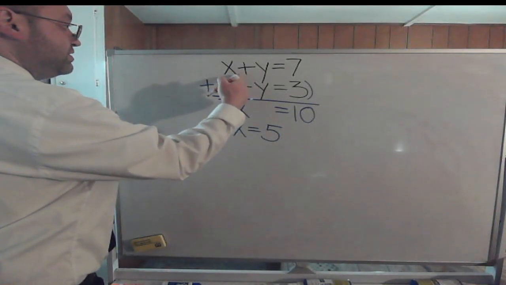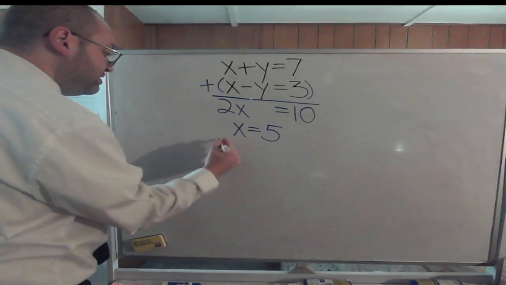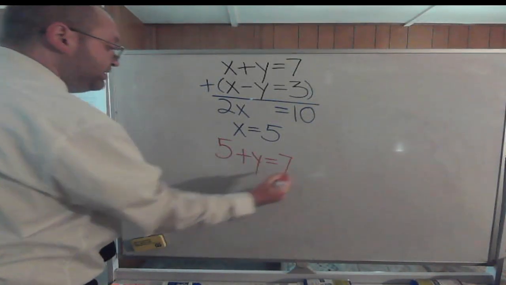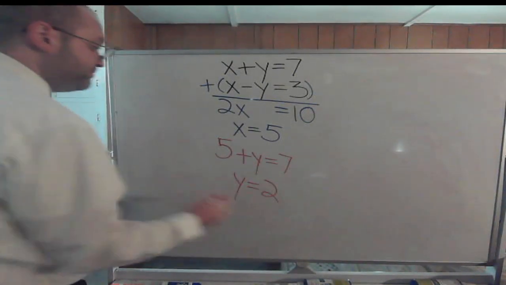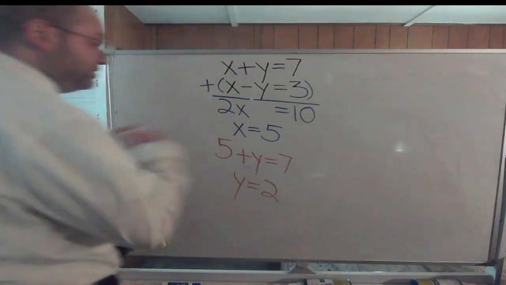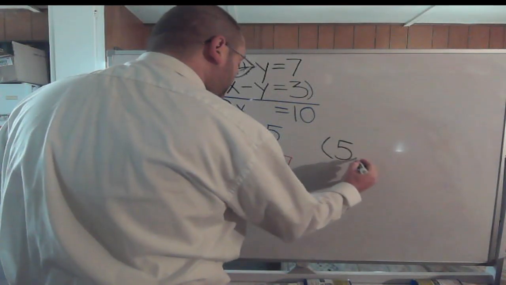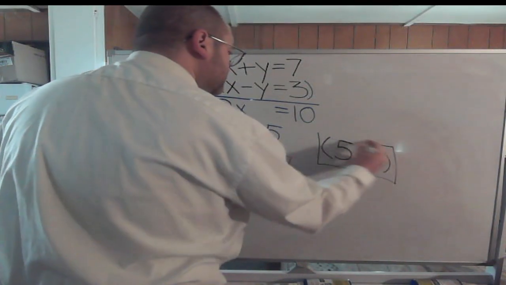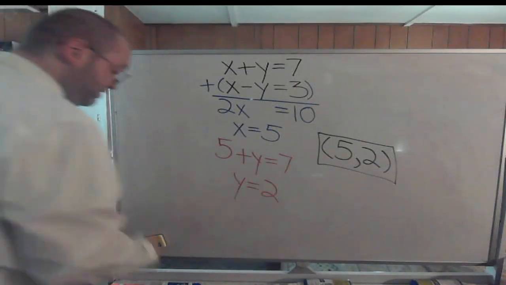So x plus y equals 7, we put in 5 plus y equals 7, which would mean y would equal 2. So we got the x-coordinate 5, the y-coordinate 2. Therefore your answer is the ordered pair (5, 2). That would be the solution to this system of equations.